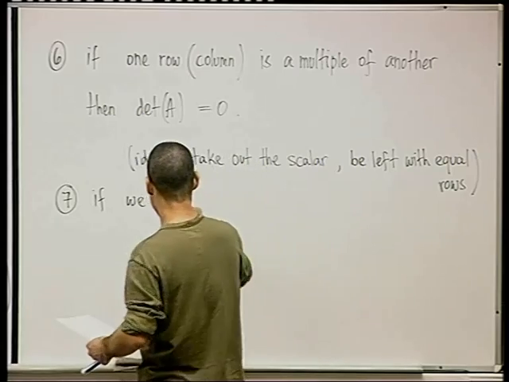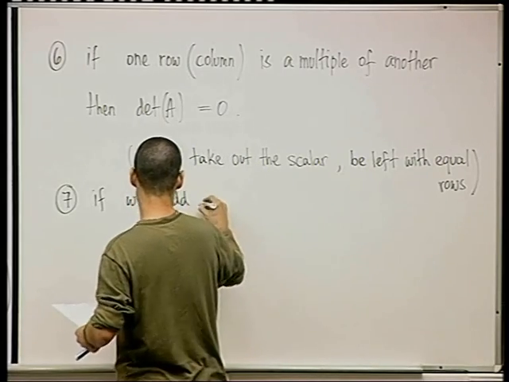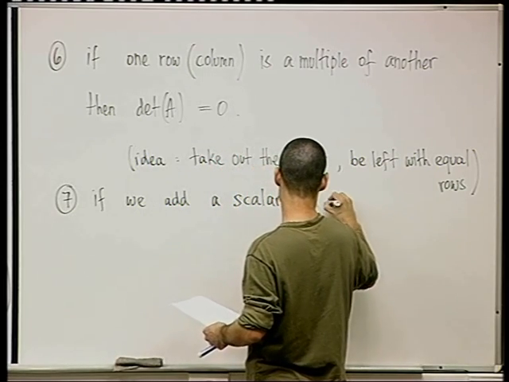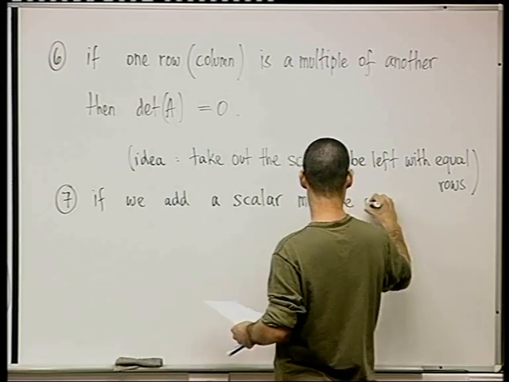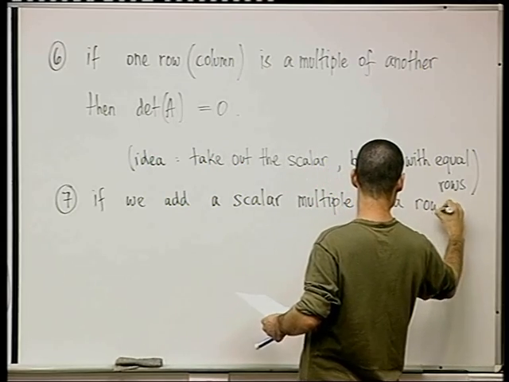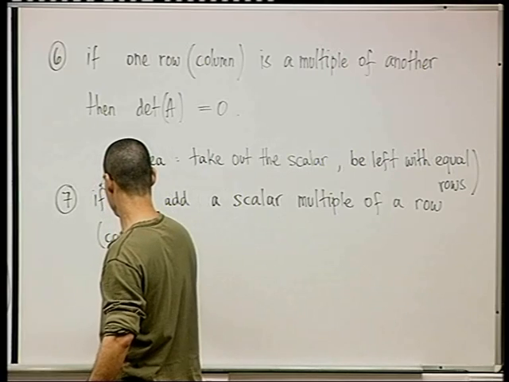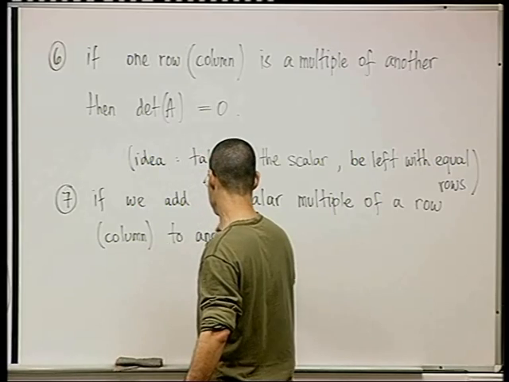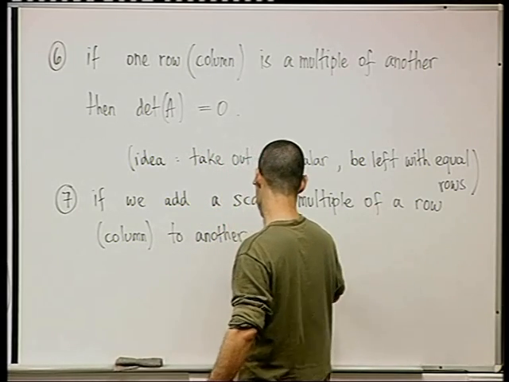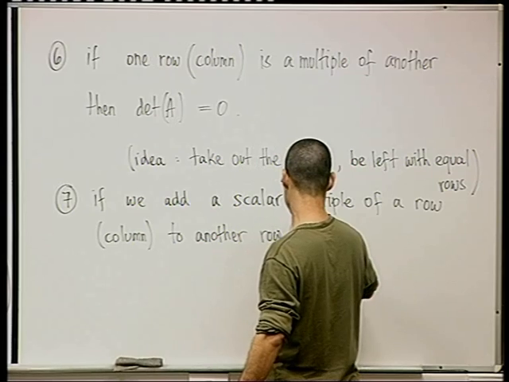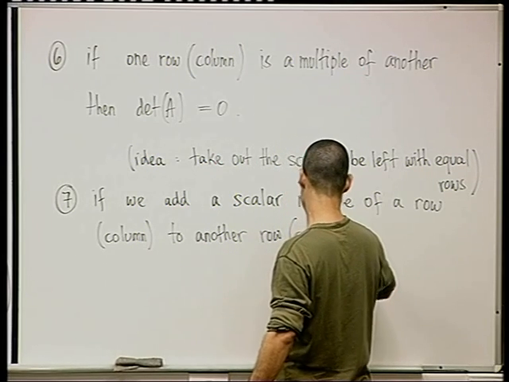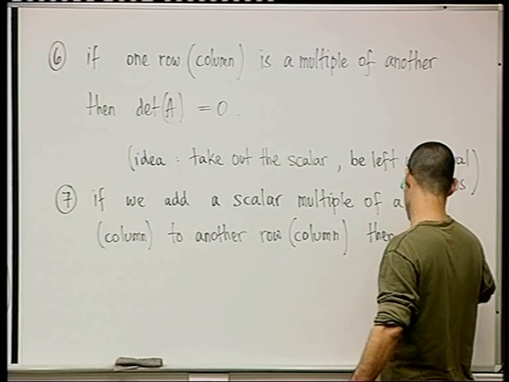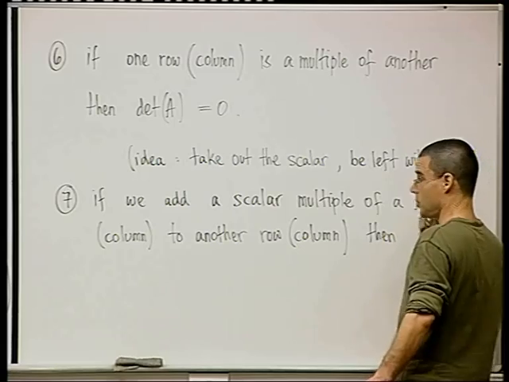So if we add a scalar multiple of a row or a column to another row or column, then the determinant doesn't change.